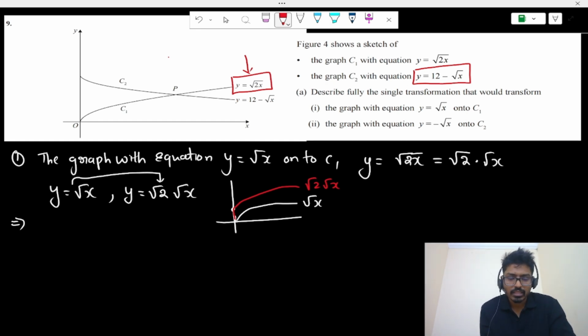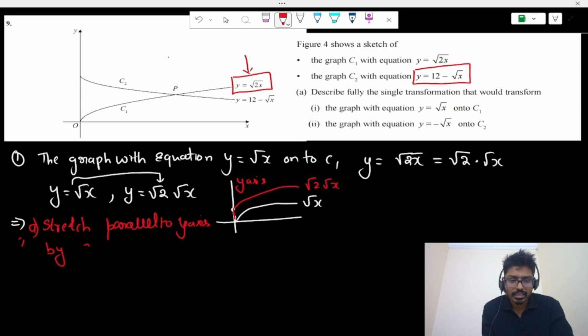So we can write the answer for the first part: a stretch parallel to the y-axis by scale factor of root 2.